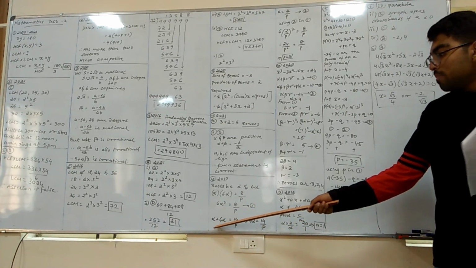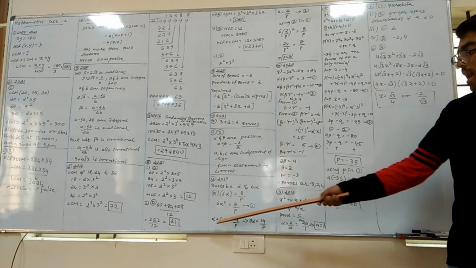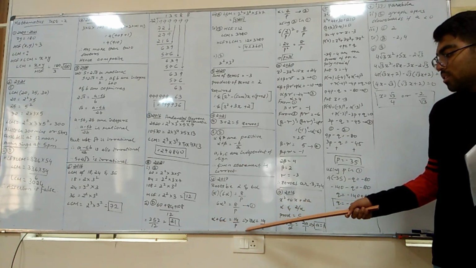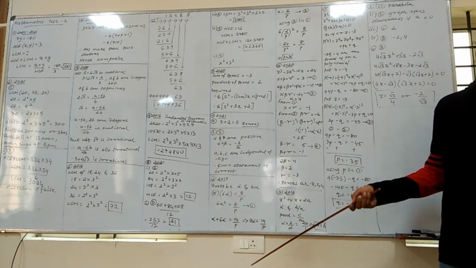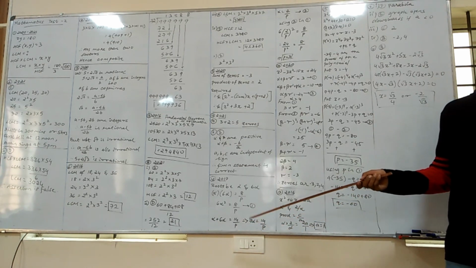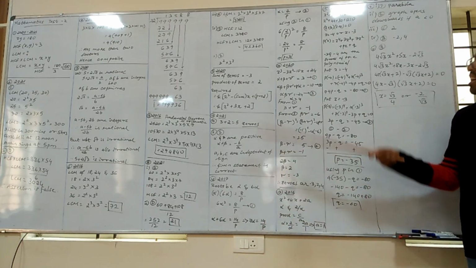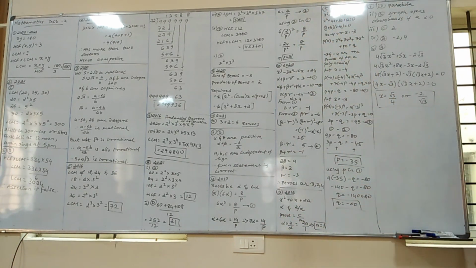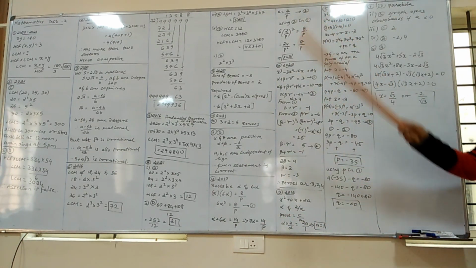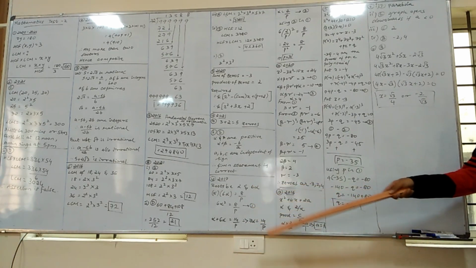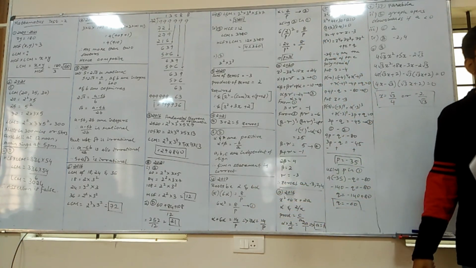And then the sum is what? Alpha plus 6 alpha is equal to minus b by a. Minus b is minus of minus 14, divided by p, that is equal to 14 by p. Upon simplifying, you will get alpha is equal to 2 by p. So this is equation 2, and this is equation 1. In place of alpha, substitute 2 by p.